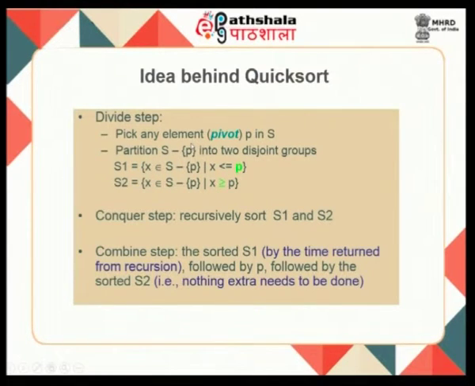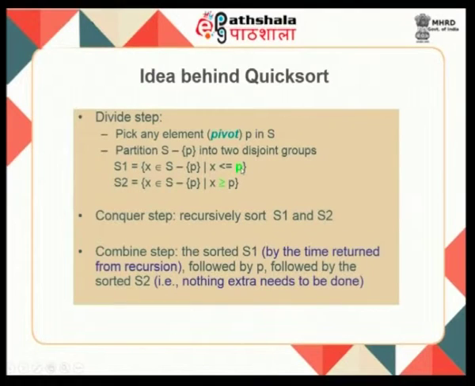Here the list is divided into 2 disjoint groups, such that the first list will have all elements except the pivot that are lesser than or equal to the pivot, and the other list is supposed to have all elements except the pivot that are greater than your pivotal element.